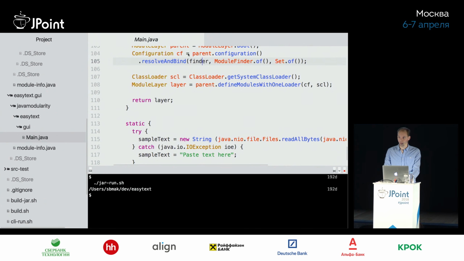So in this case, the Coleman module will be loaded in a new class loader that's delegating to the system class loader. So this is the defineModulesWithOneLoader call. There's also a defineModulesWithManyLoaders call, where a new class loader is generated for each module that's loaded into the layer. Again, it depends on your application what you want to do here. And this finally gives us back the module layer that we need to pass into the service loader call.